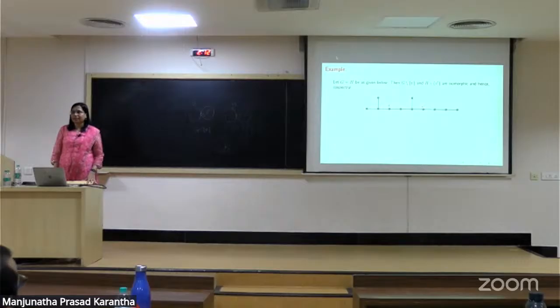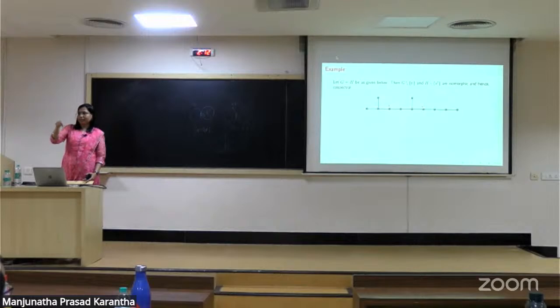Now look at the vertex v in G and v in H. If I delete v from the graph, what will I get? I get a path on this side, and another path on the other side.